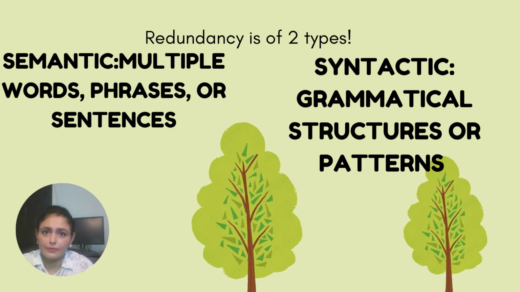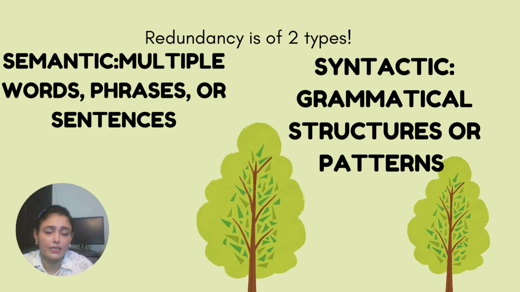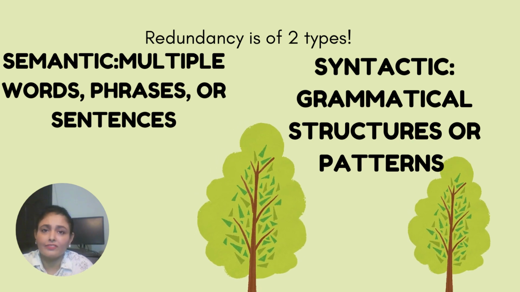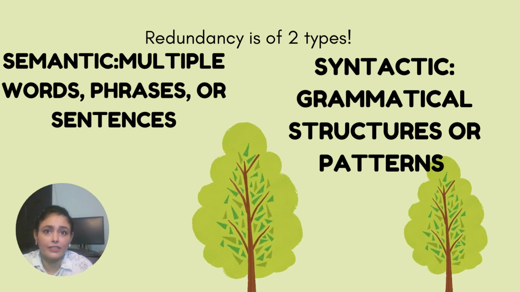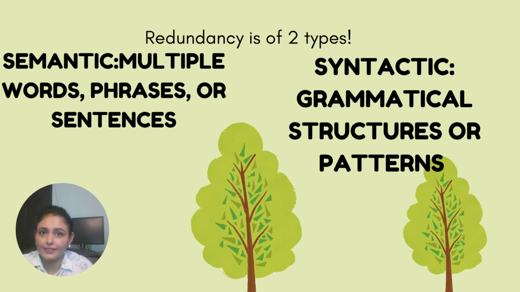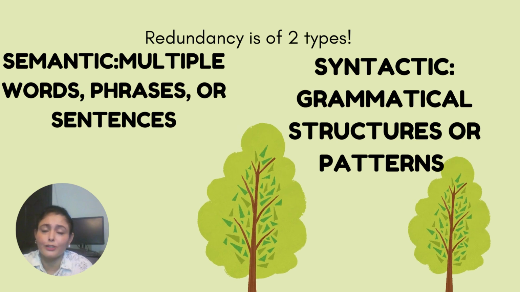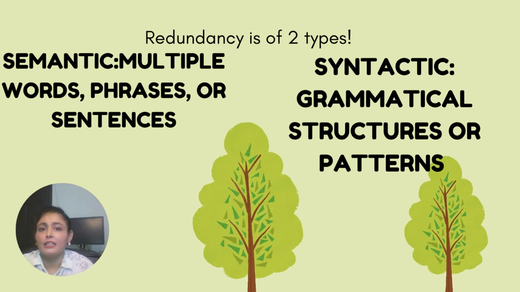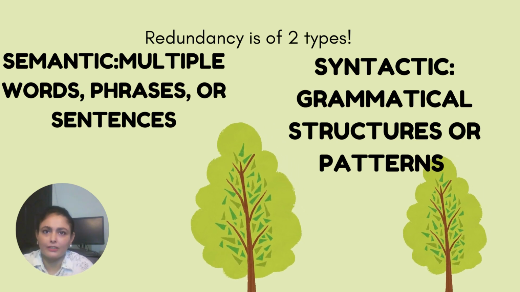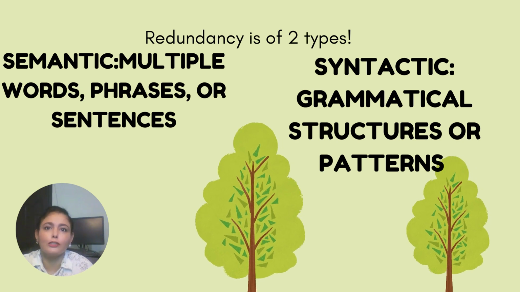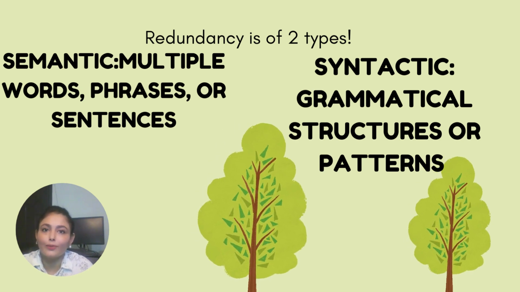When it comes to your CAIE 1123 paper, the examiner reports clearly say that you should be using language with precision and concision. So when you are using redundant words, what happens is that you are not only giving a very poor impression on your examiner, but also you are wasting your word count.